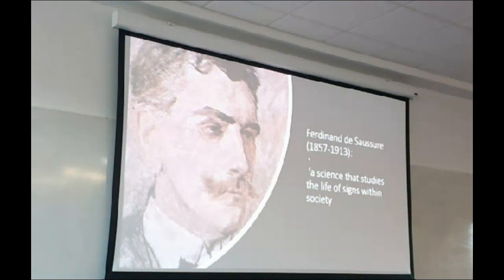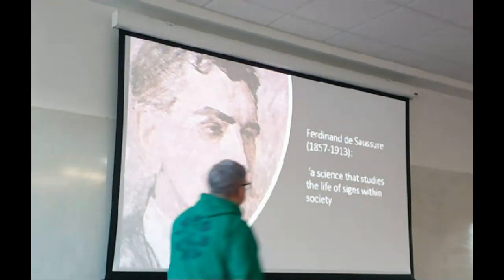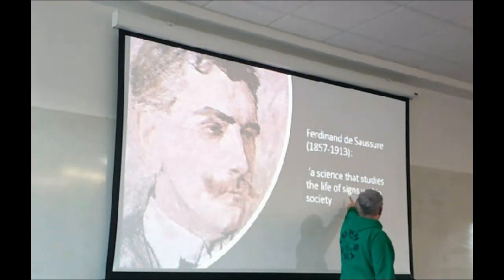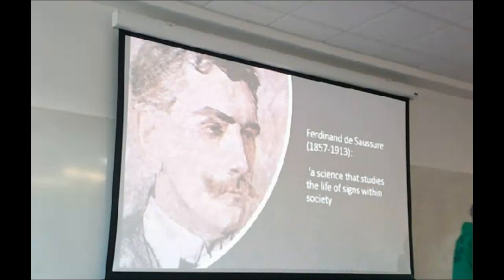De Saussure proposed semiotics as a science that studies the life, and here's the key kicker word, signs within society. What we're going to talk about here is signs. We're not going to talk about individual words, we're not going to talk about images. Signs are, if you like, a higher concept than words, images, sounds, etc., to describe how meaning is circulated within a society.